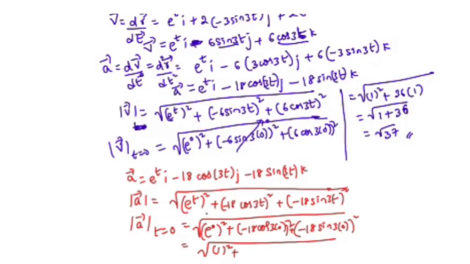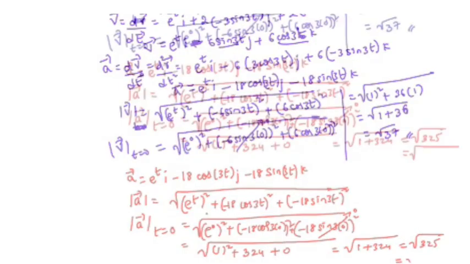18 square is how much? 18 into 18 is 324. Here sin 0 is 0, so this whole term becomes 0. Cos 0 is 1, and 1 into 18 square is 324, plus 0. So it will become the root of 1 plus 324, that is the root of 325.